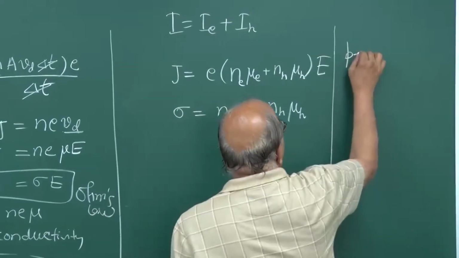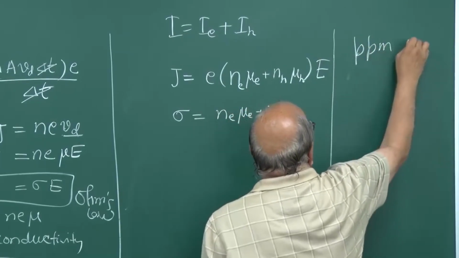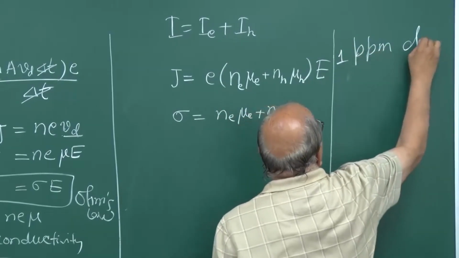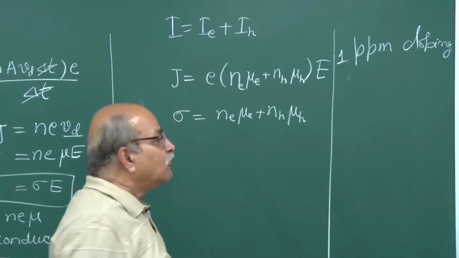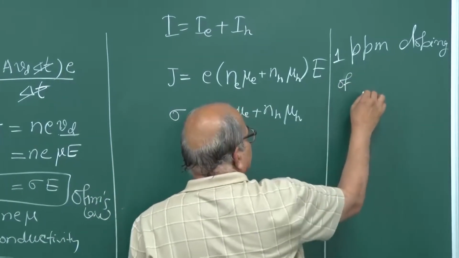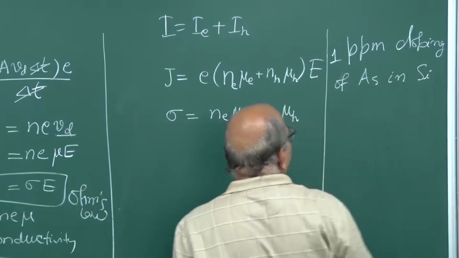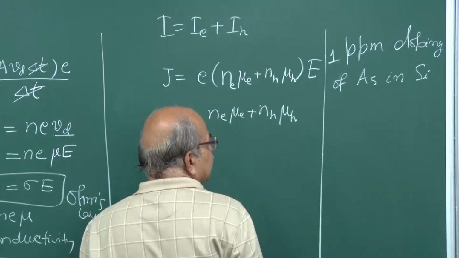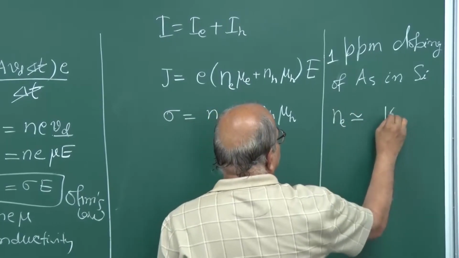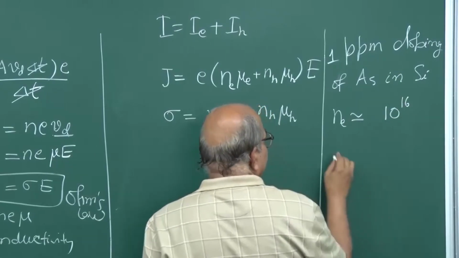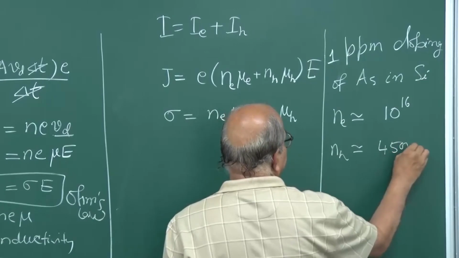If you have an N type, 1 ppm doping of arsenic or phosphorus in silicon, we saw that the number of conduction electrons is of the order of 10 to the power 16, whereas the number of holes was just 4,500.